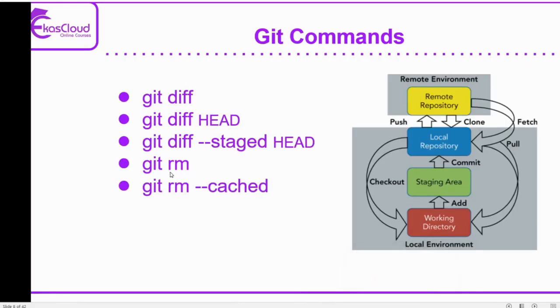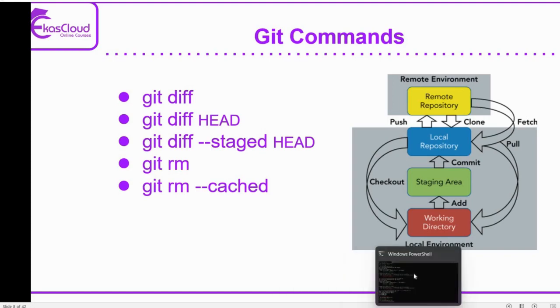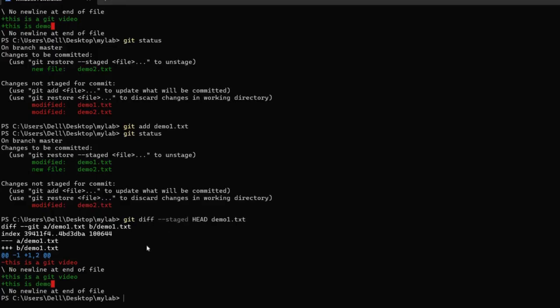And we can see git rm. This command helps to remove the file from both the working directory and the staging area. You already know the Linux command rm. This can help to remove the file from the working directory. But now we can use git rm.